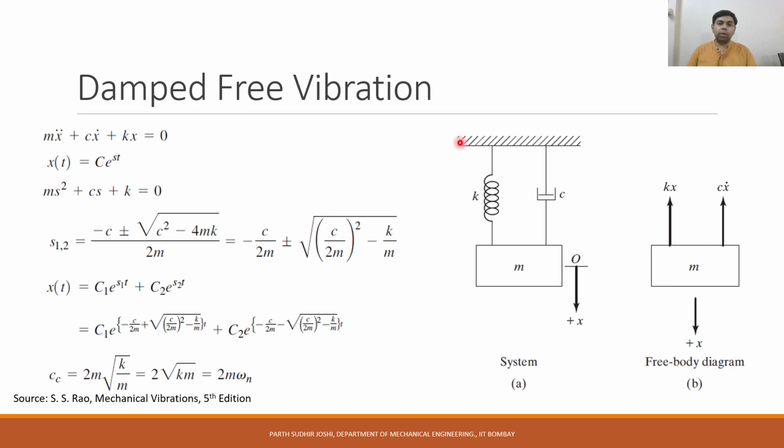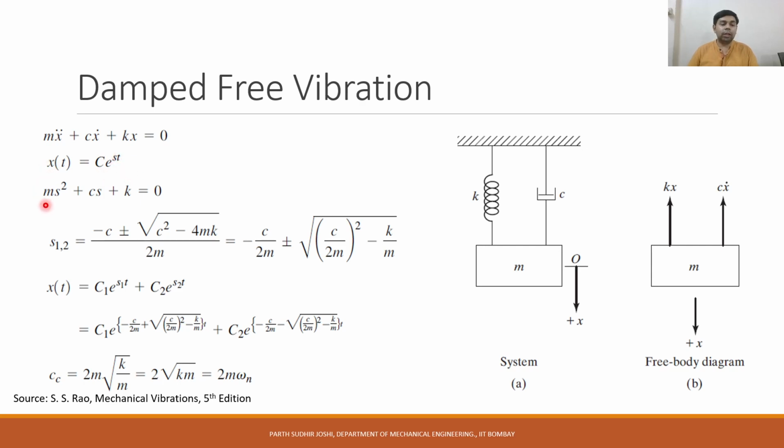Now, if we move on to damped free vibration, similarly, we can write down the general differential equation of motion, and we follow a similar approach of substituting a solution of the form of an exponential function.